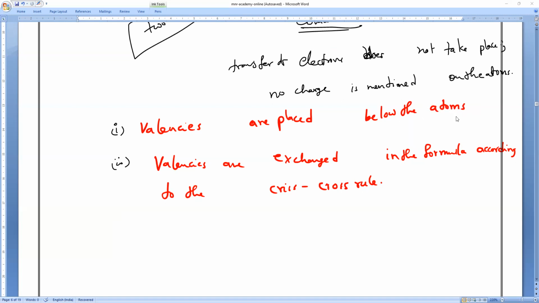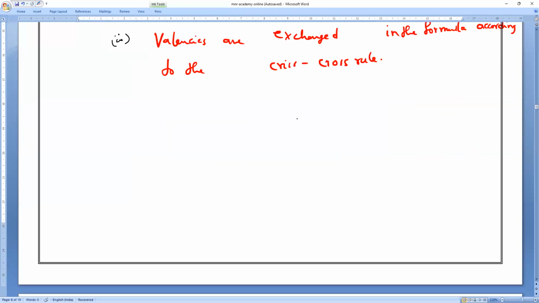If we take, for example, carbon, what is the valency? I already told you, but you have not yet studied valency, so just wait. Basically, what is the number of electrons in the valence shell? 1, 2, 3, 4, 5, 6, 7, 8.